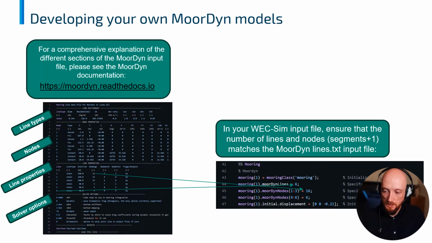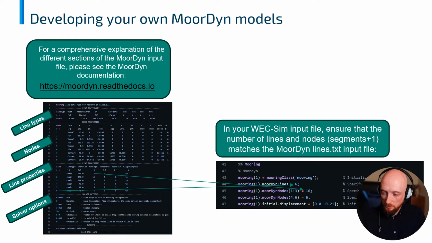So, which nodes are connected to a vessel, a floating body, which nodes are fixed, probably your anchor points, and then some other connections which can be used to combine different types of mooring line. So yeah, you need to define the locations of those nodes.